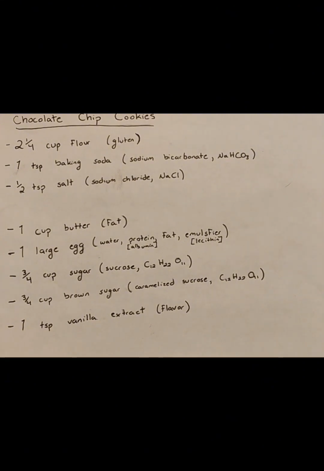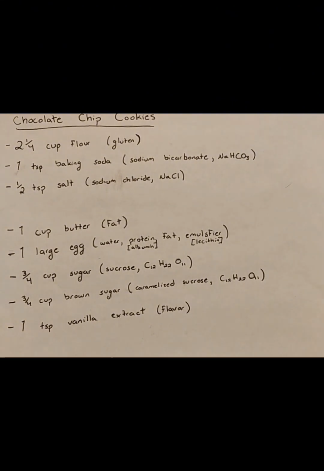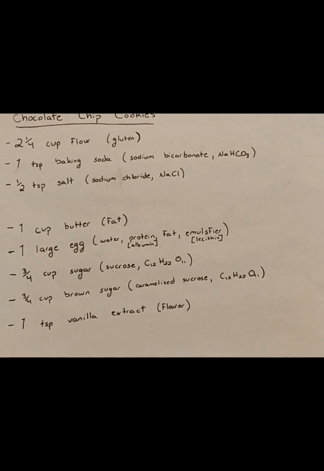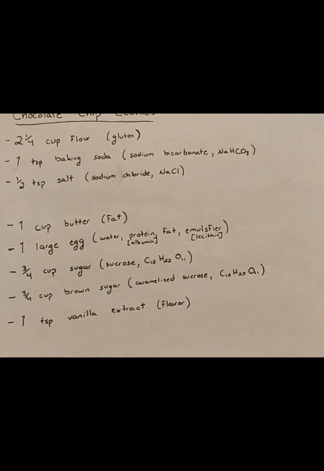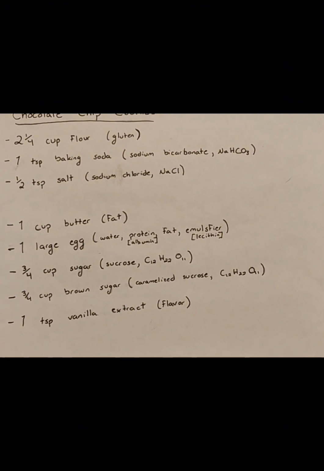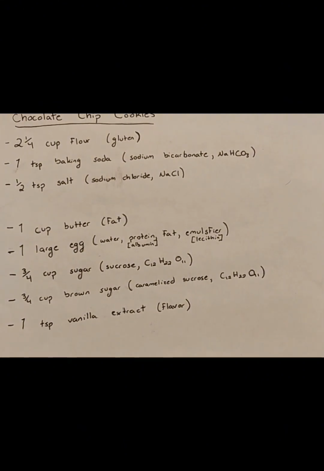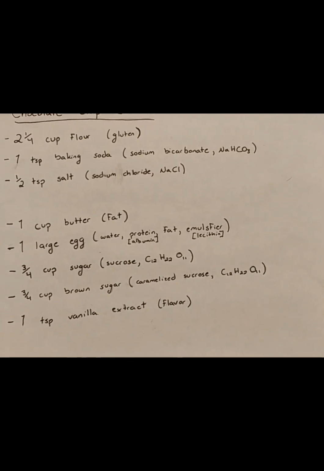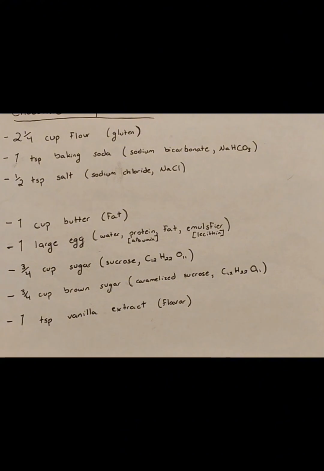I've written out our recipe here with all of the kitchen titles as well as the scientific titles of all of our ingredients and some of their formulas. Our big players here are definitely the baking soda, which acts as a leavener, and our flour and egg, which is our gluten and our fat and protein.